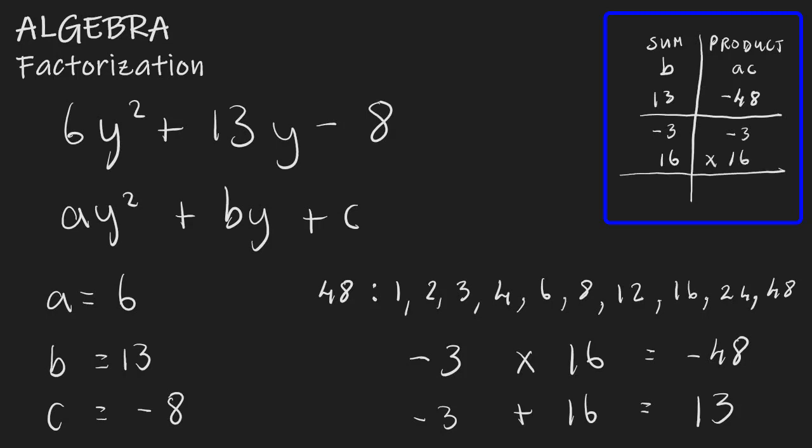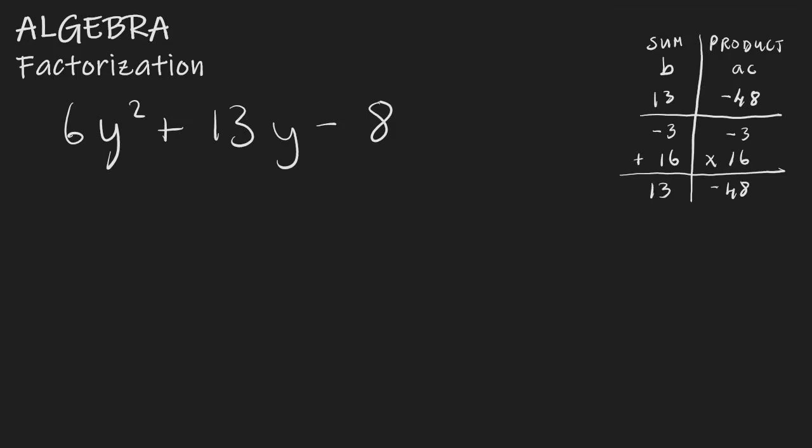When I multiply them, I get negative 48. And when I add them, I get positive 13. Now that I have my factor pair, I can rewrite my quadratic expression as 6y squared minus 3y plus 16y minus 8.